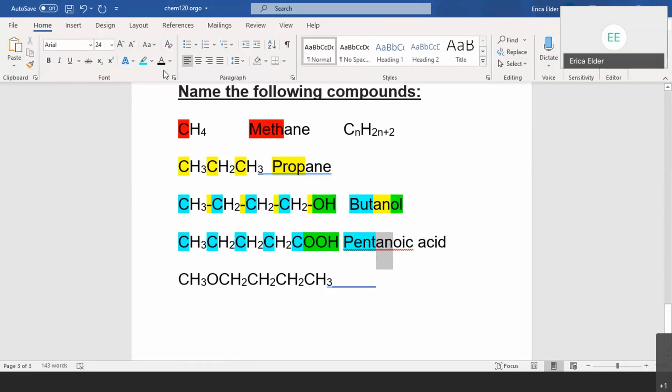Okay, so once again, and then OIC acid is the appropriate ending for our carboxylic acid containing functional groups or compounds, I should say. So here we have pentanoic acid. Okay.